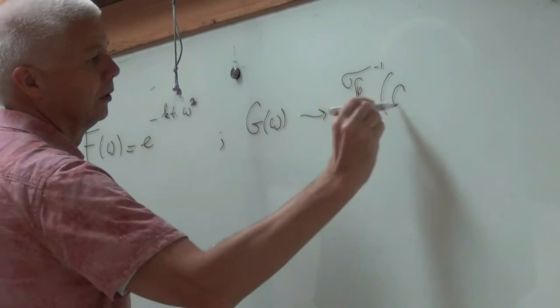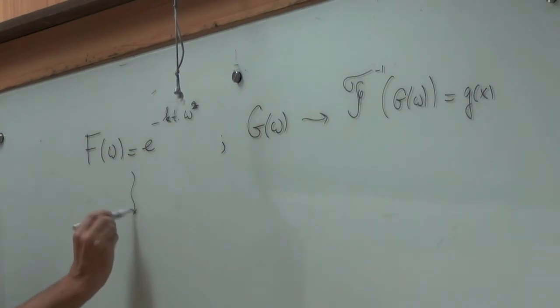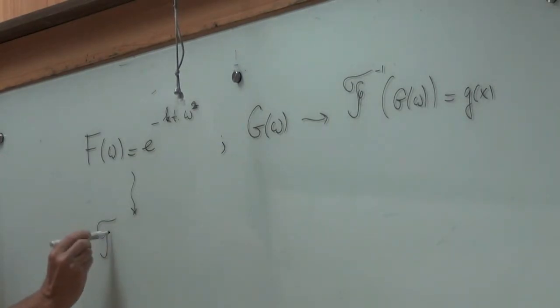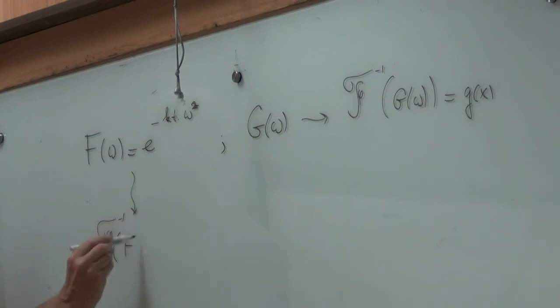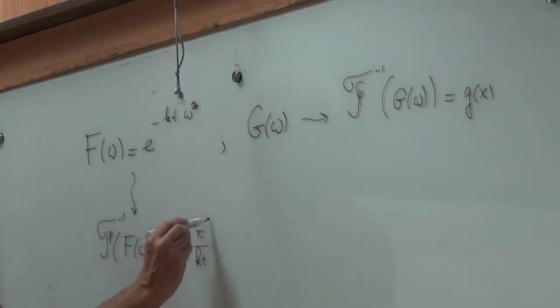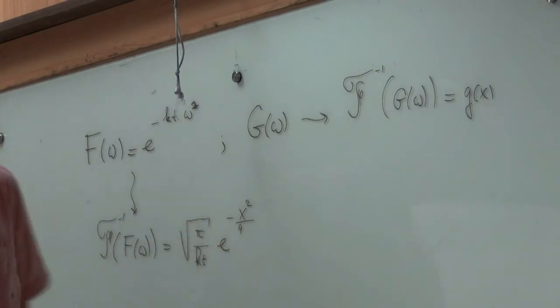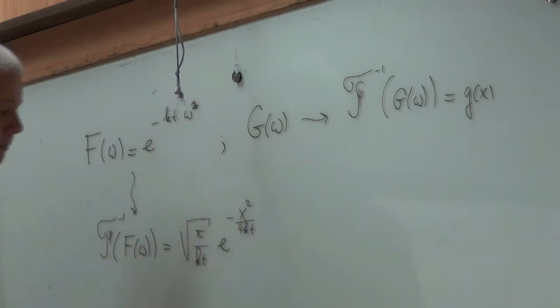If I take the inverse of g(omega), I will get small g(x), and if I take the inverse of f(omega), then I will get the first line, the square root of pi divided by alpha, and alpha is kt, times e to the power minus x squared divided by 4kt.